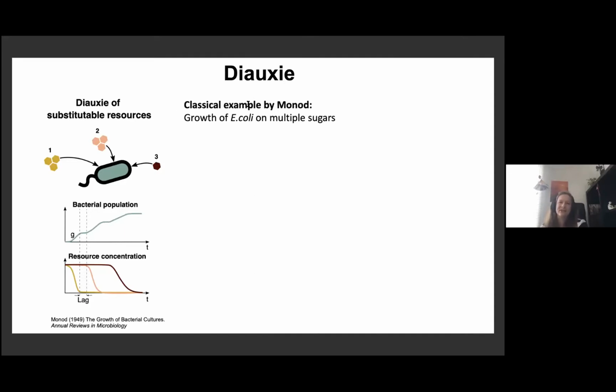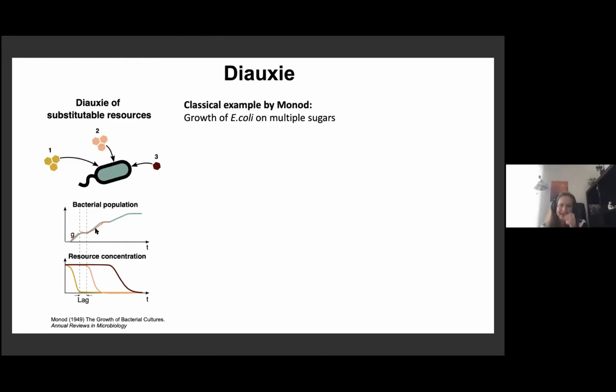It was actually discovered way back in the 50s by Monod when he studied growth of E. coli on different sugars, because he noticed that E. coli seems to grow on glucose first, then you have the slowdown, and then there is the second growth phase, and there can be another slowdown and so on.